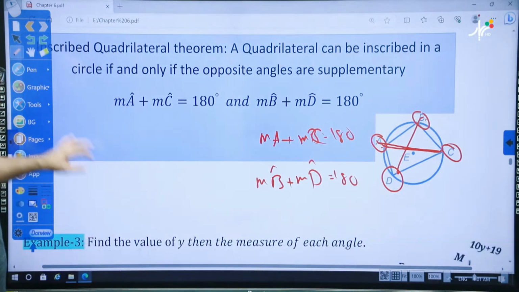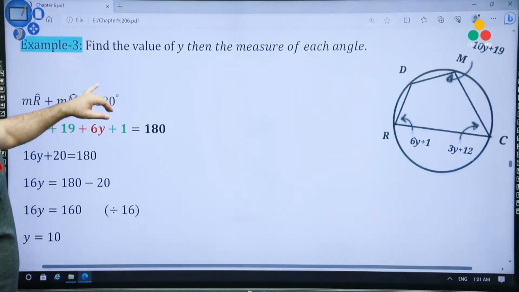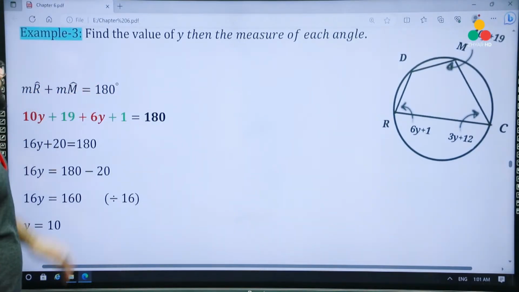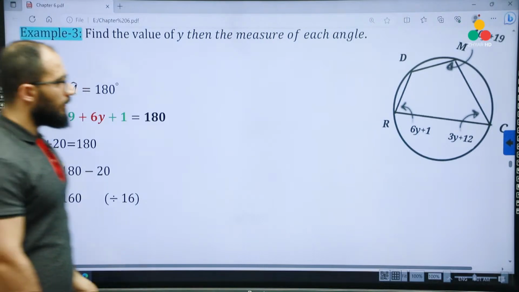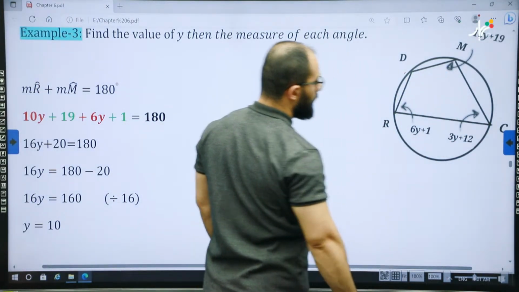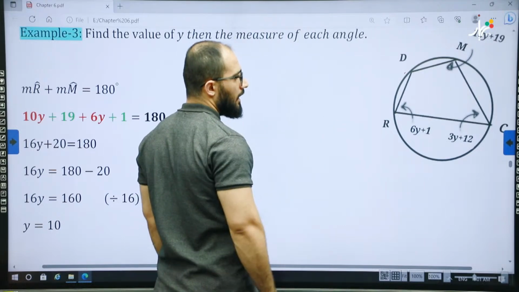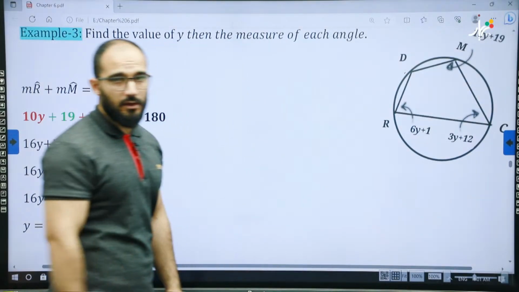Then we are going to solve an example about inscribed quadrilaterals. Example 3: find the value of y, then the measure of each angle. We have DMCR. We have 4 angles, it's a quadrilateral, and it says find the value of y. First, we are going to find the value of y.